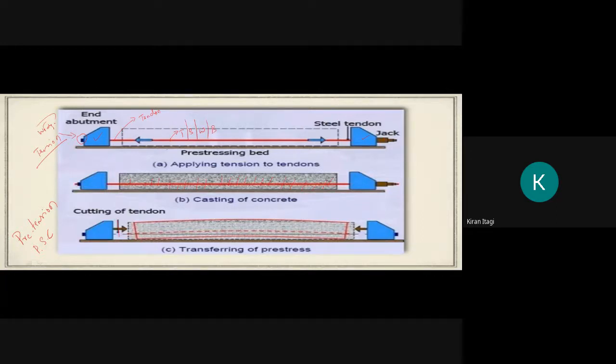And one more thing, here you can see either it may be a tendon, strand, wire, or bar, it is coming in contact with the concrete. There is a contact between the tendon and the concrete. But in case of post-tension, there is no contact because the tendons are passed through the pipes.